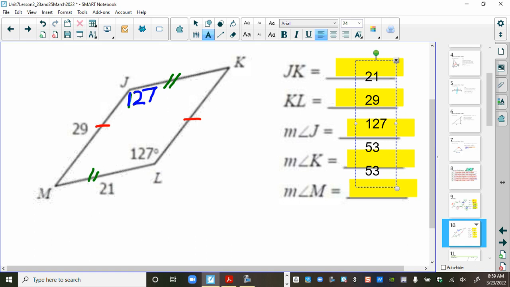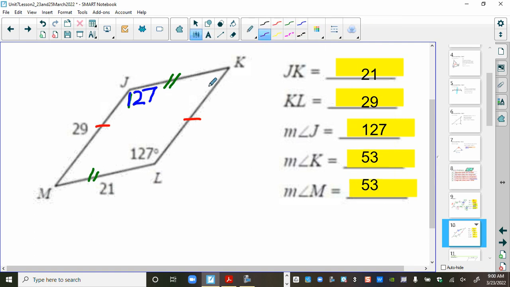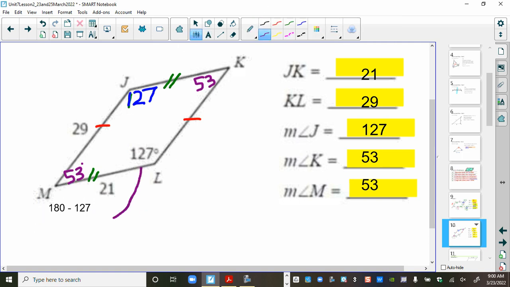The reason being, what was the rule? This is going to be 180 minus 127. That's how you're going to get that final answer.